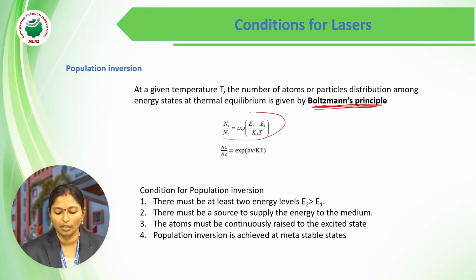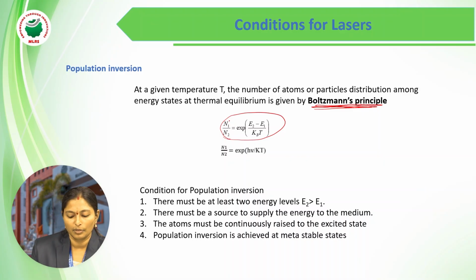Here, N1 is the number of atoms in the ground state, N2 is the number of atoms in the excited state, E2 is the energy of the excited state and E1 is the energy of the ground state, where Kb is the Boltzmann constant, a constant value, and T is the temperature. The number of atoms in the energy levels also varies depending upon the temperature. At lower temperature, more atoms are in the ground state, whereas if you increase the temperature, more atoms are in the higher energy state.